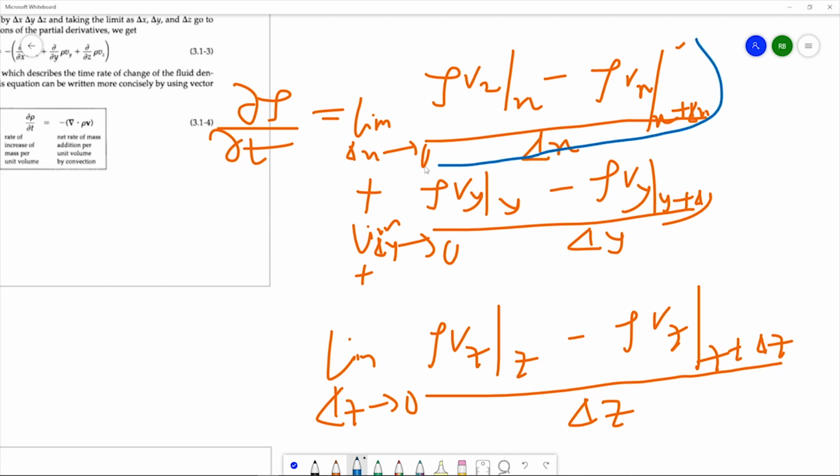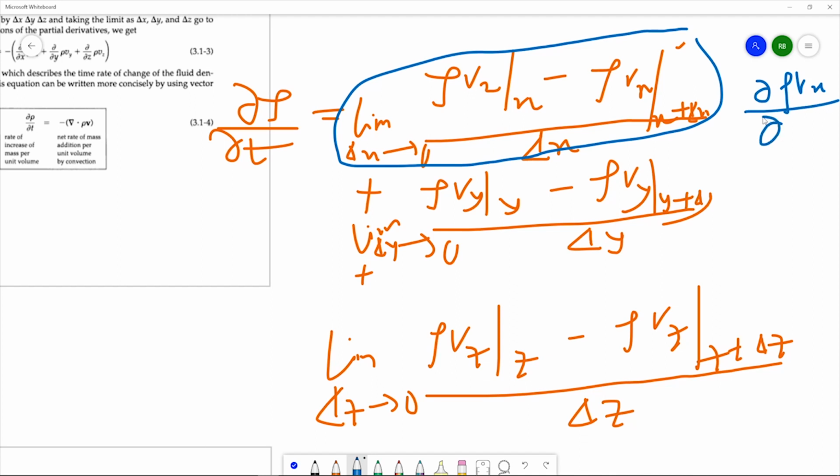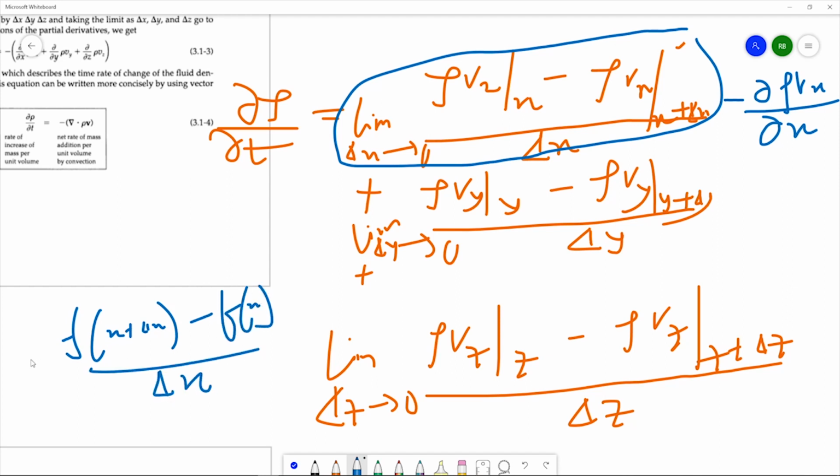What you'll get here is ∂(ρvx)/∂x, right? You'll get a minus. Why? What is the definition of derivatives? You take f at x plus delta x minus f at x, divided by delta x.